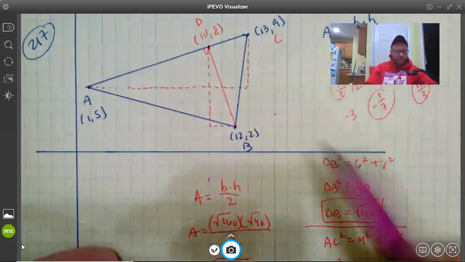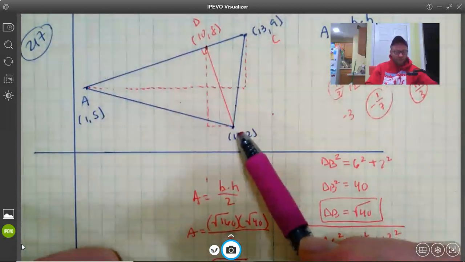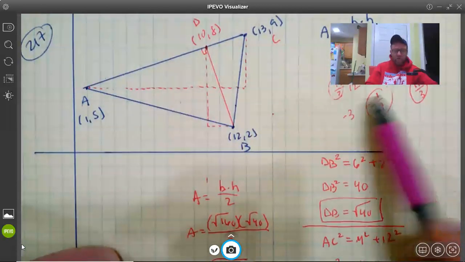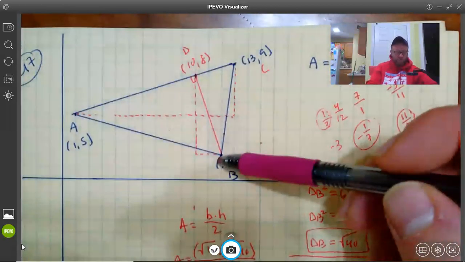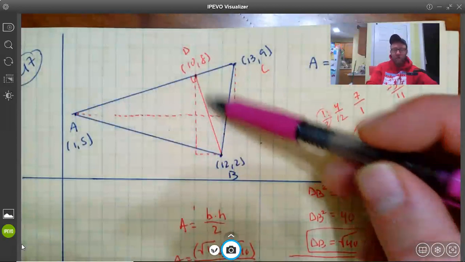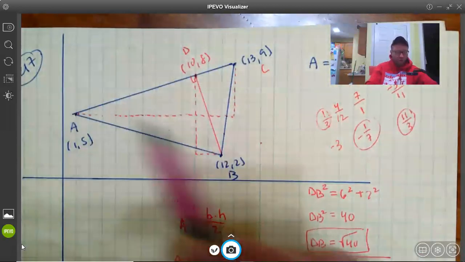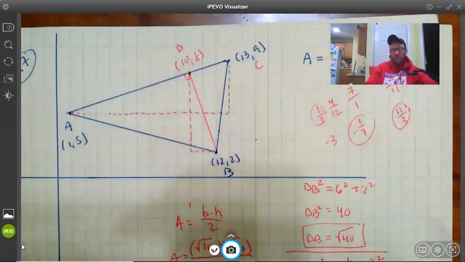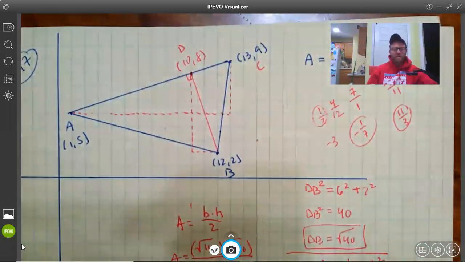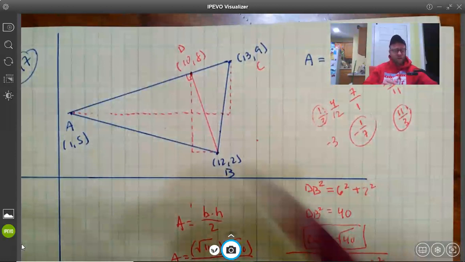So to find the slope of the altitude, I just took the slope of the opposite side, found its negative reciprocal, and then I just kind of used that to count spaces from here, or I could have done from here or from here. But if I had done it from one of the other points, I'd have to set up equations and find points of intersection, very complicated.